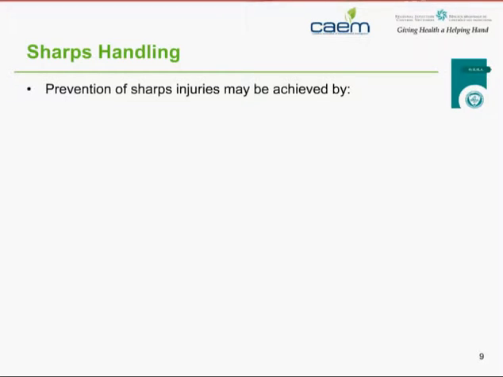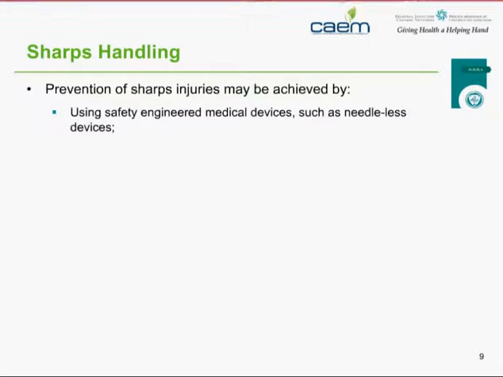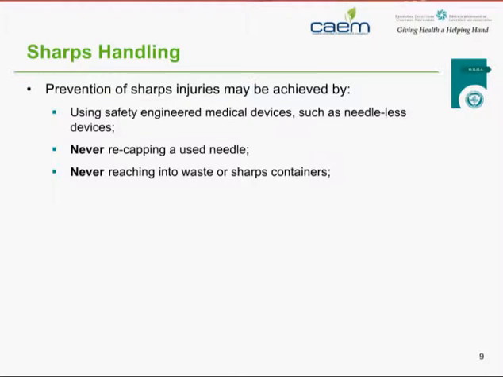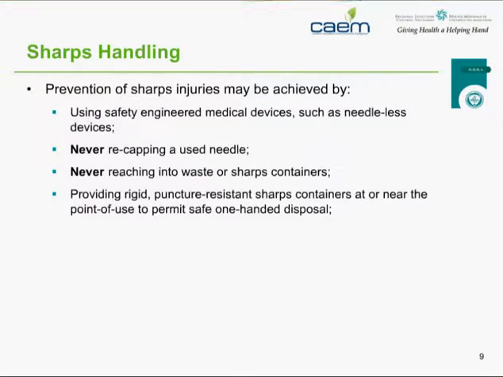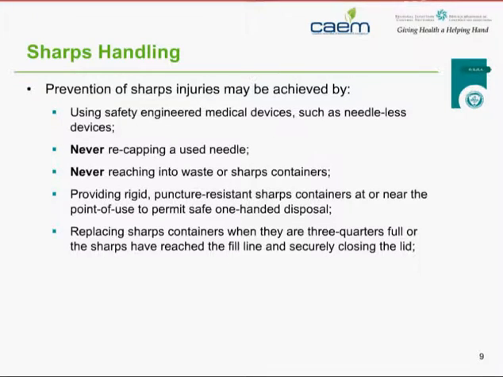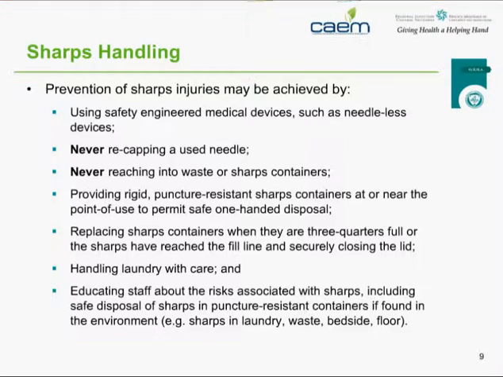Prevention of sharps injuries may be achieved by using safety-engineered medical devices such as needleless devices, never recapping a used needle, never reaching into waste or sharps containers, providing rigid, puncture-resistant sharps containers at or near the point of use to permit safe one-handed disposal, replacing sharps containers when they are 3/4 full or the sharps have reached the fill line and securely closing the lid, handling laundry with care, and educating staff about the risks associated with sharps, including safe disposal of sharps in puncture-resistant containers if found in the environment.